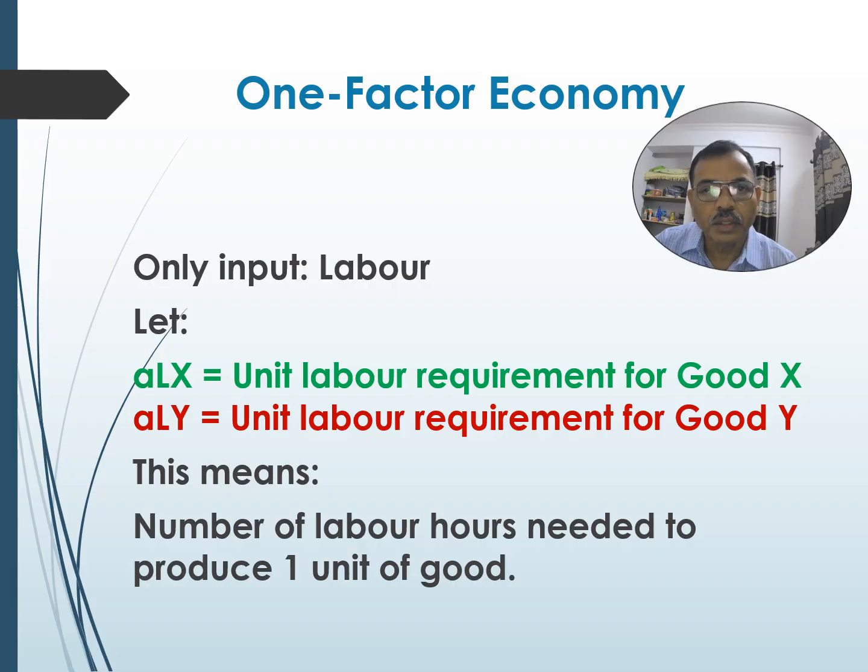Suppose ALX represents the number of labor hours needed to produce 1 unit of X. Similarly, ALY is the unit labor requirement for good Y. If ALX is low, labor productivity in X is high.